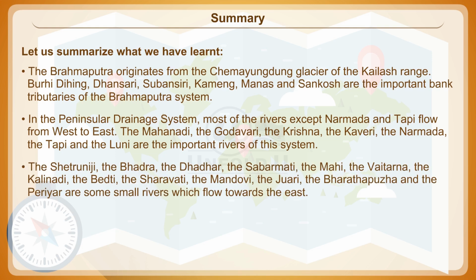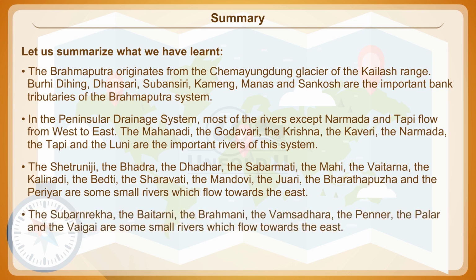The Shetrunji, the Bhadra, the Dadar, the Sabarmati, the Mahi, the Vaitarna, the Kalindi, the Betti, the Shravati, the Mandovi, the Zuari, the Bharatapuzha and the Periyar are some small rivers which flow towards the west. The Subarnarekha, the Baitarani, the Brahmani, the Vamsadhara, the Pennar, the Palar and the Vaigai are some small rivers which flow towards the east.